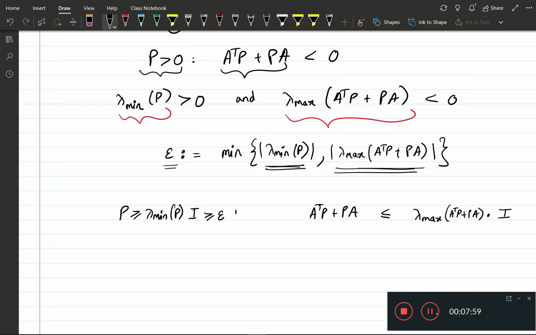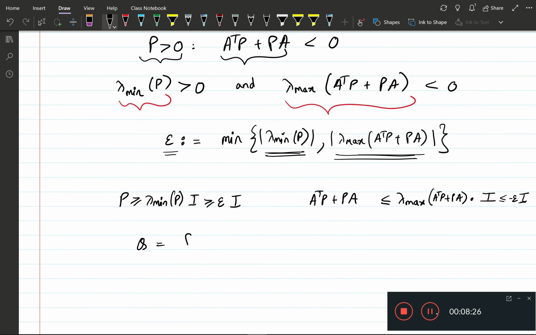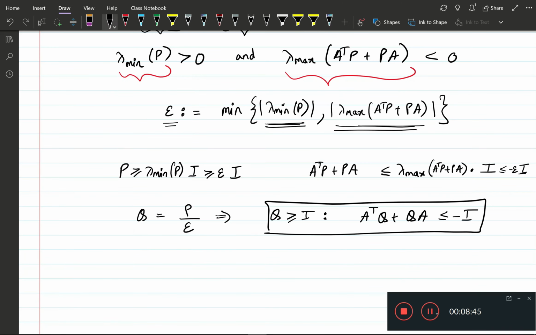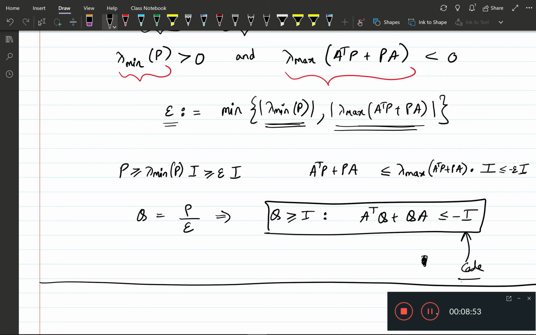So this is less than or equal to this, and because lambda max is negative, then this is less than or equal to minus epsilon I. And now we can just define Q as P over epsilon to have Q such that A^T Q plus QA is satisfying this LMI. So we will code this one in CVX.